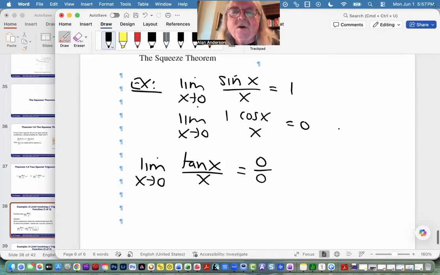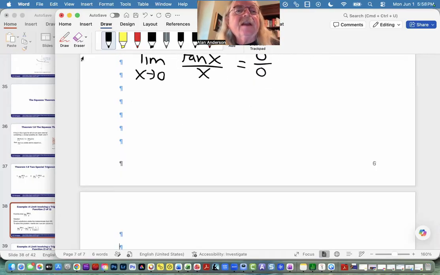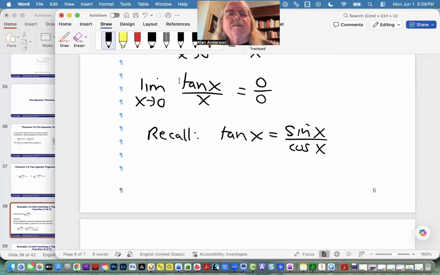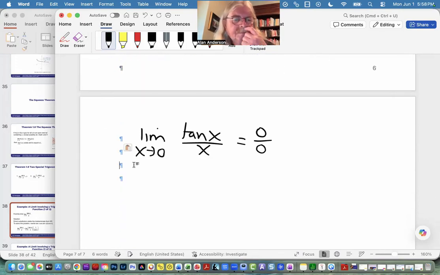But you'll recall from a couple of sessions ago that the tangent of x is the sine over the cosine. Well, how does that help? Well, let's see what happens. So we'll rewrite it a little bit.